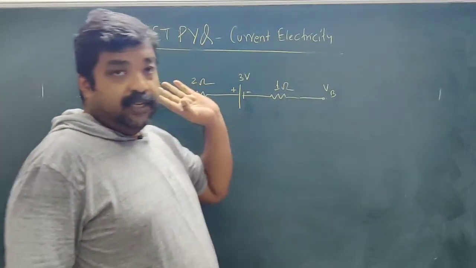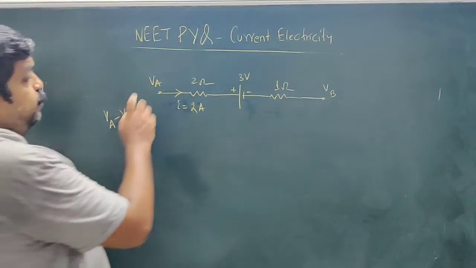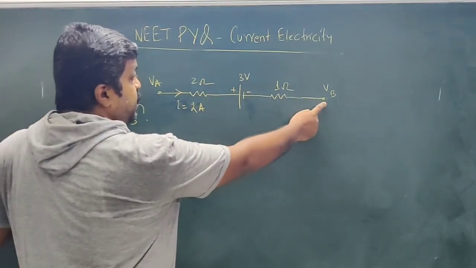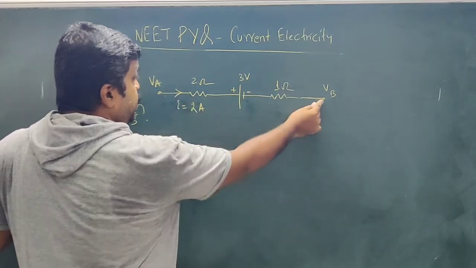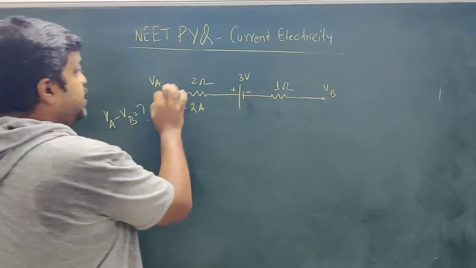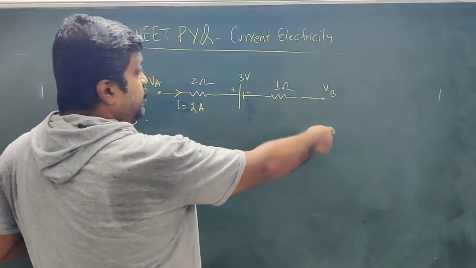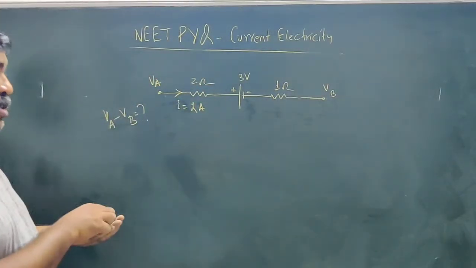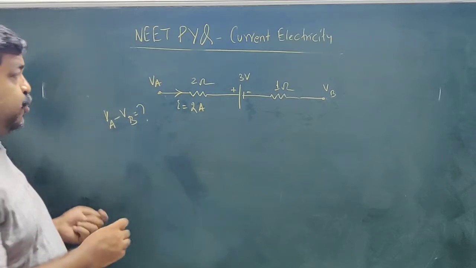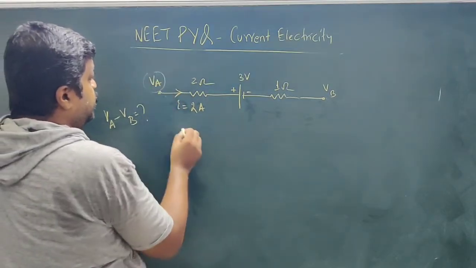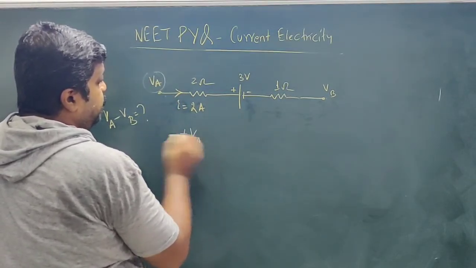So how to use that concept for this circuit. We have to start from A, we have to go to B. Current is going from A to B, this end to this end. So we will consider this to be at high potential and this to be at low potential, because current is flowing from this end to this end. High potential, we will mark it as positive potential. So we are starting from this point, so it is plus VA.